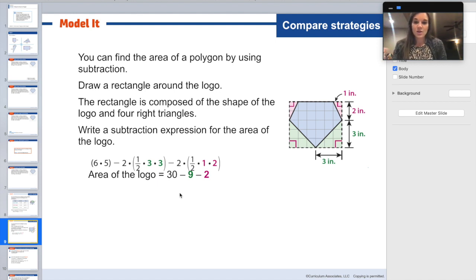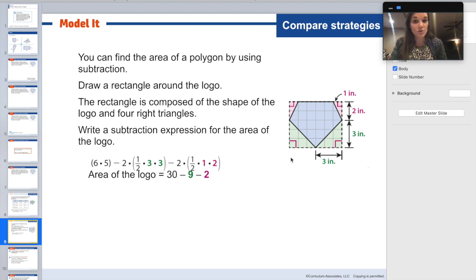So what we can do here is if you find the area of each triangle, so you find the area of the whole rectangle, so the whole thing, that area would be 6 times 5, which is 30. So we found the area of that entire rectangle right here.